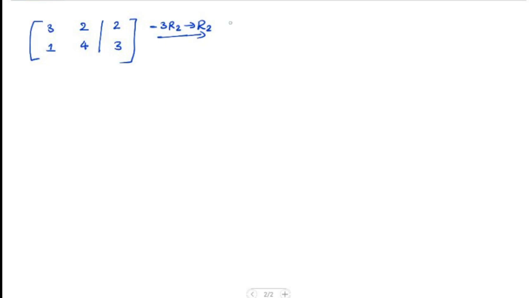Row 1 we did not change anything, it remains as it is. In row 2 we have multiplied by -3, so -3 times 1 is -3, -3 times 4 is -12, and -3 times 3 is -9.